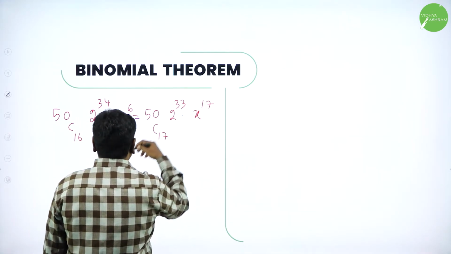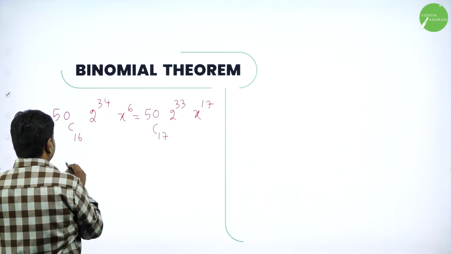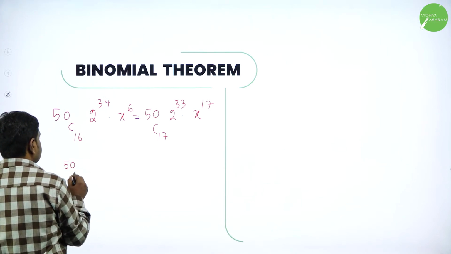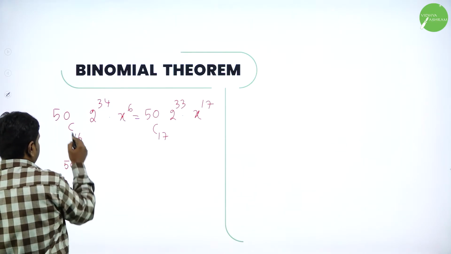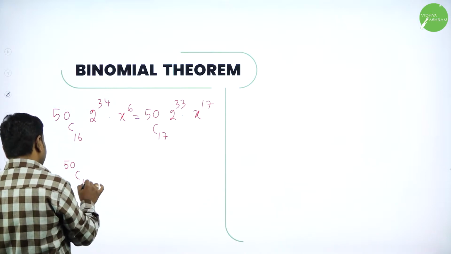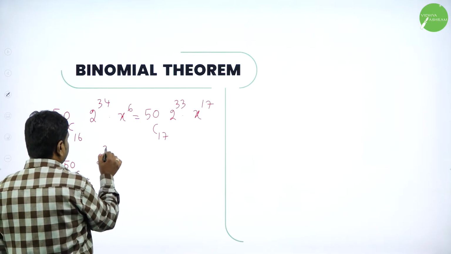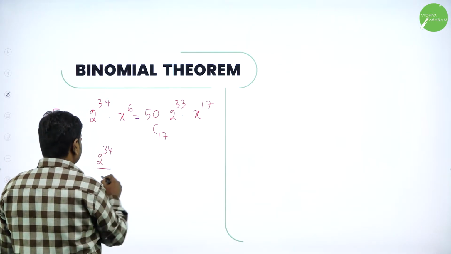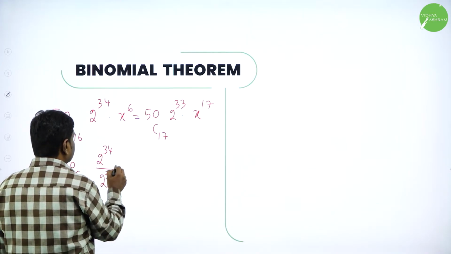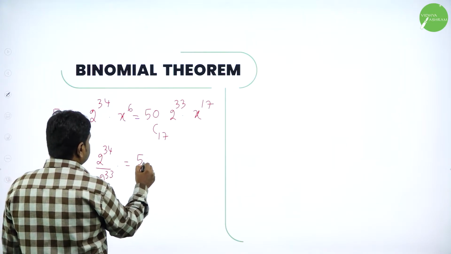So transfer the terms, bring 2 power 33 to this side. 50C16, 2 power 34, is equal to 50C17.